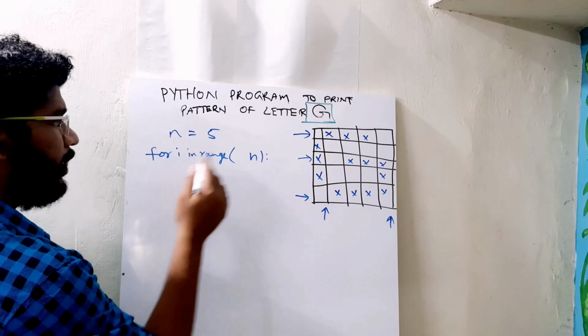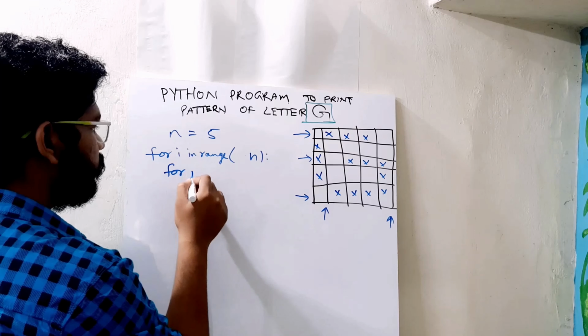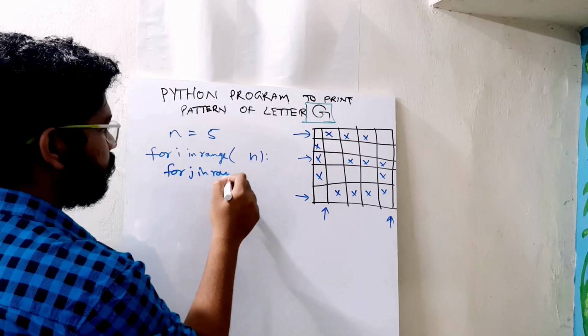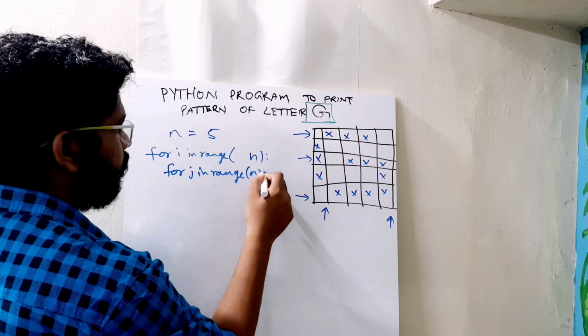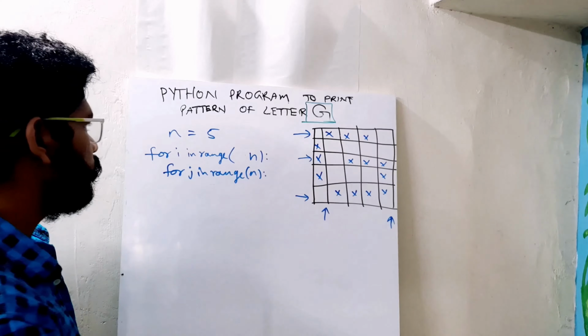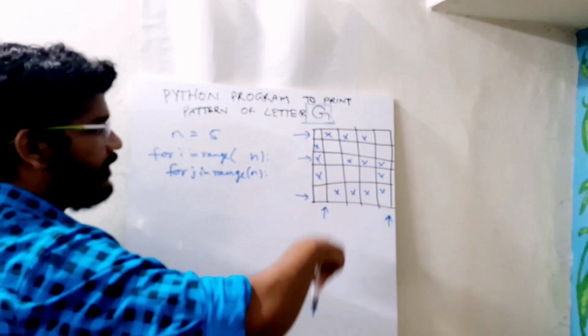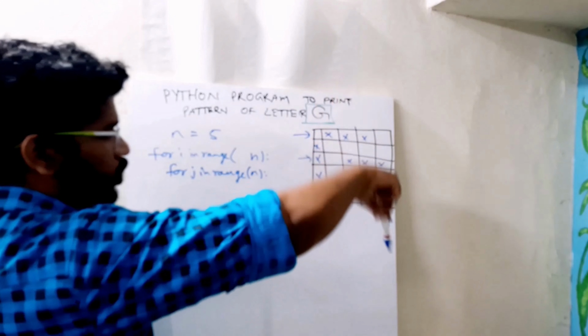And I'll write another for loop for printing the columns, for j in range n. So these are the two for loops for rows and columns. i is for rows, and j is for columns, it will print all the columns.